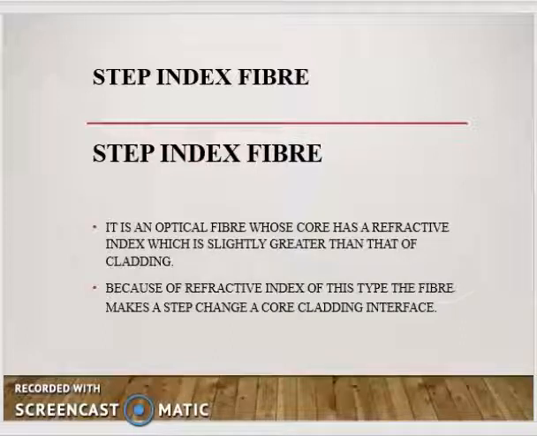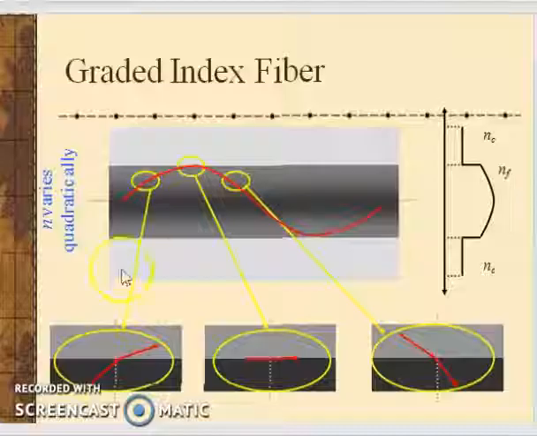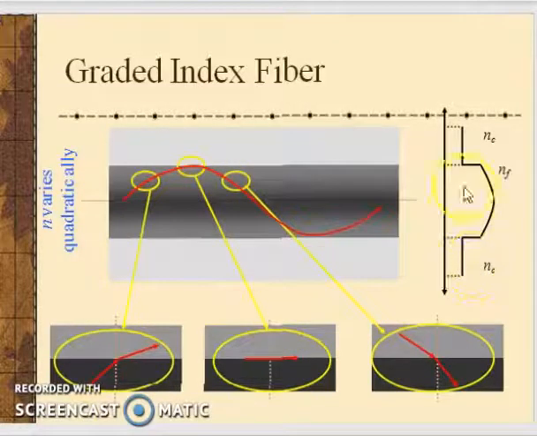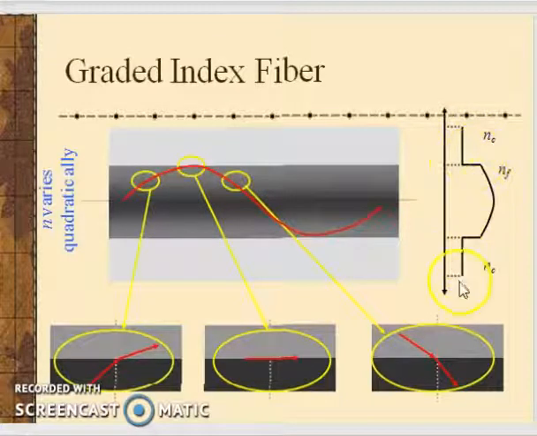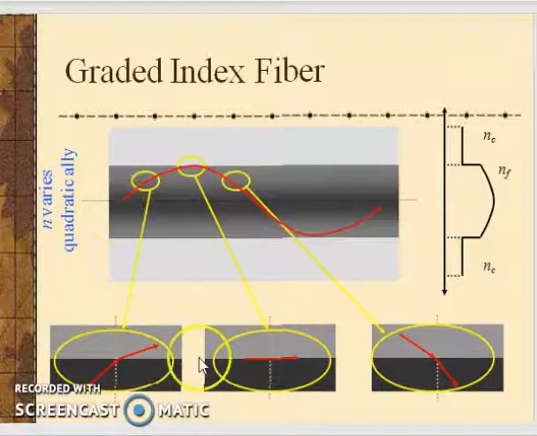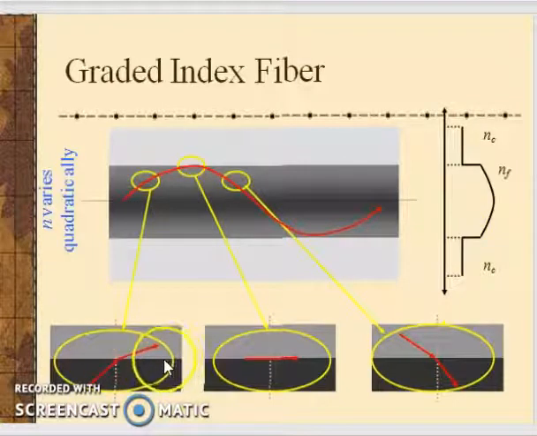They do not cross the fiber axis at any time. This is the graded index fiber in which the refractive index changes along the axis of the optical fiber cable, which is shown in these figures.